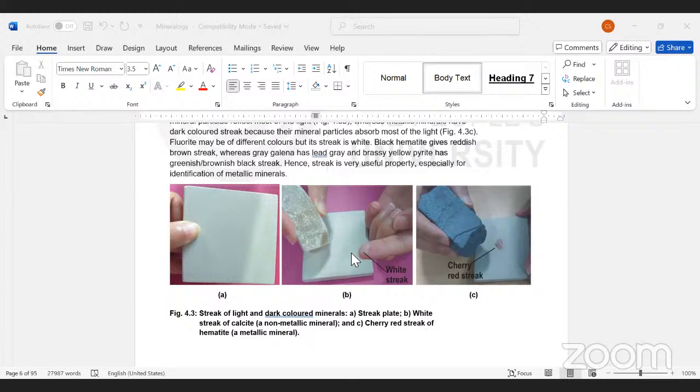You will get the color. White is the color. Here it is non-metallic, so we can see it is in a white color. Or sometimes you see a cherry red streak, as with iron ore.